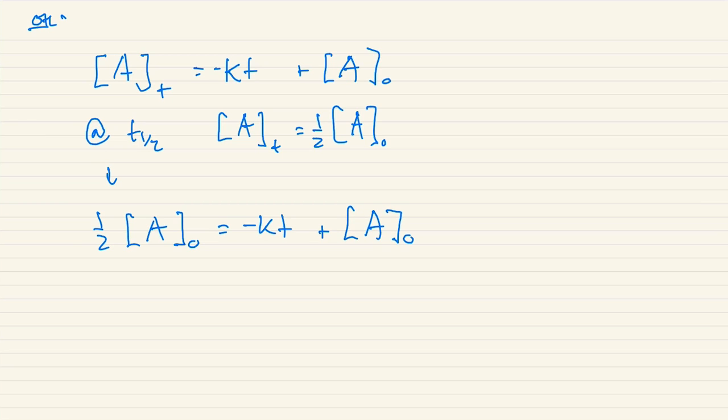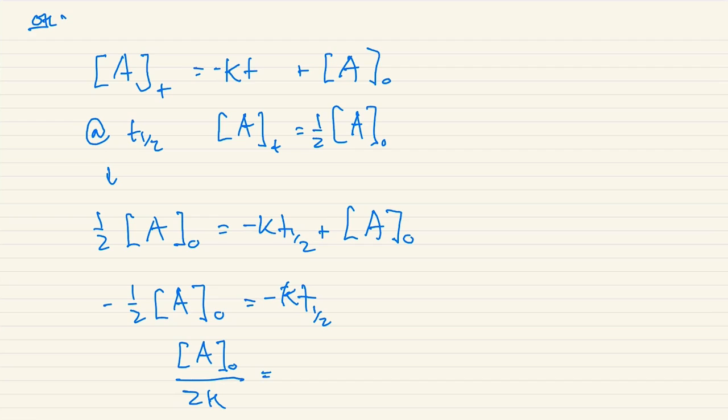Subtract that from both sides, minus 1/2 a0 equals minus kt. So then, and this is 1/2 at this point because it's at t1/2, that then gives us a0 over 2k equals the half-life.